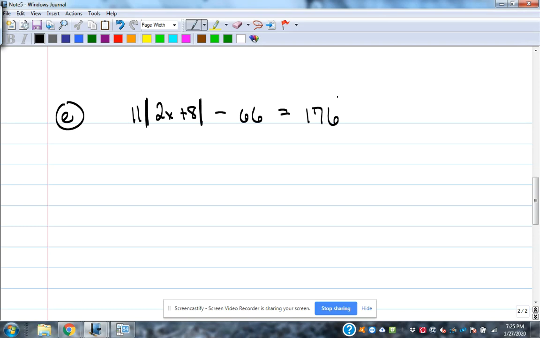So bigger numbers. What would be our first step in doing this one? Yeah, get that 66 over there out of the way. 11 times the absolute value of 2x plus 8.